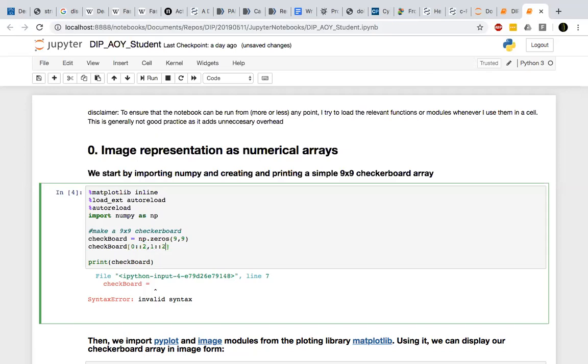So the syntax is where you start, colon, where you end, colon, what jump in every step. So I'm going to start at 0 and do jumps of 2. I'm going to start at 1 and do jumps of 2. So this is going to give me all the columns.